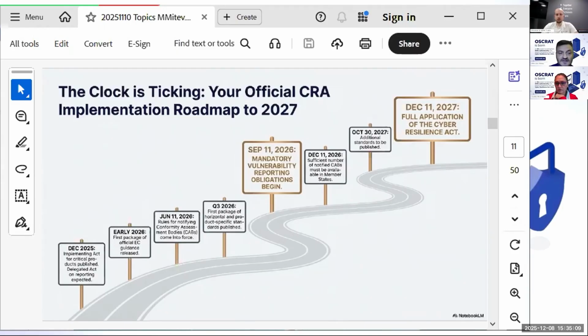And finally, 11th of December 2027, the CRA becomes fully applicable in all European Union member states.